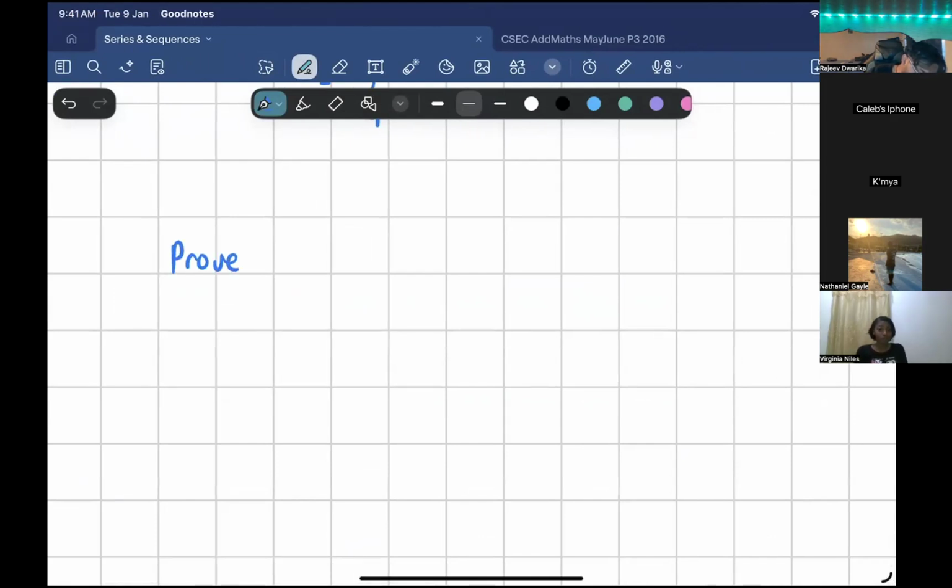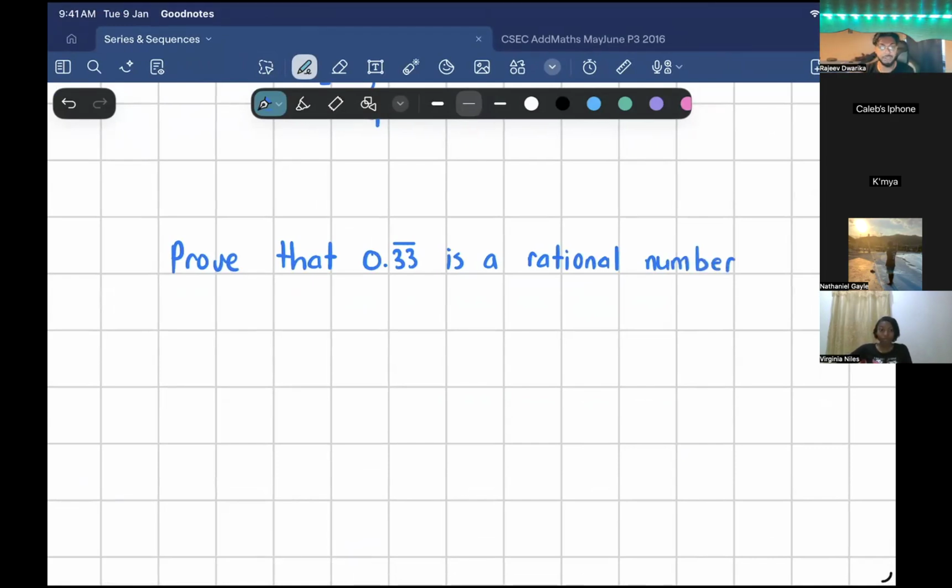Prove that 0.33 recurrent is a rational number.